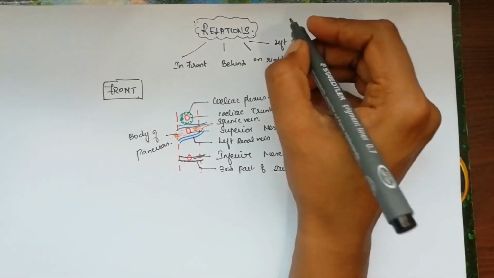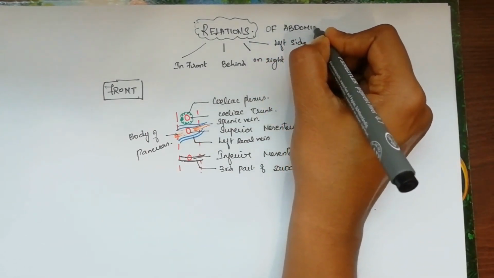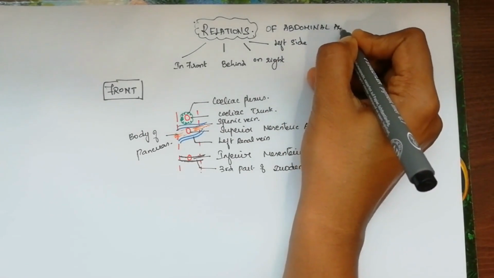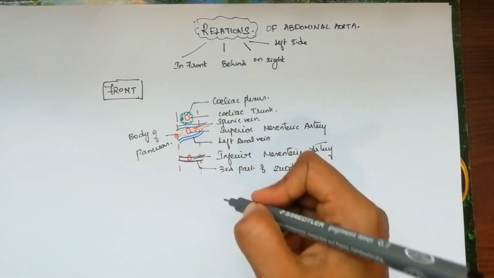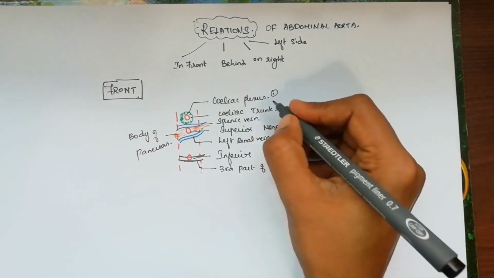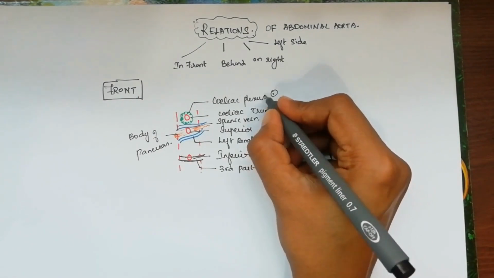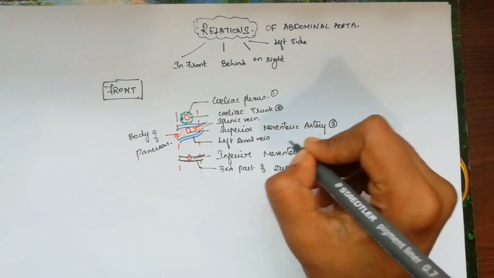So for the relations of the abdominal aorta, in the front relation we have these many structures. Let us see how many there are. Celiac trunk first, then the celiac plexus surrounding it, and then the superior mesenteric artery.